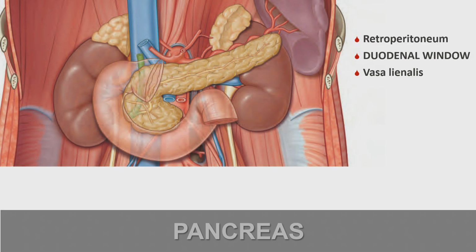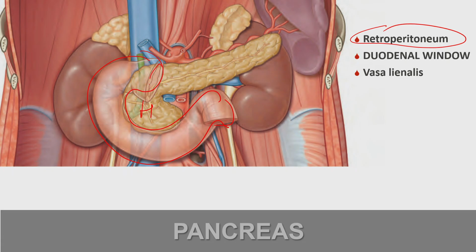Now we turn to the third important structure connected to this. It is the pancreas. The pancreas is a relatively large gland localized primarily in the retroperitoneum. It's localized in the duodenal window. The duodenal window is a C-like structure, and in the C is localized the head of the pancreas.